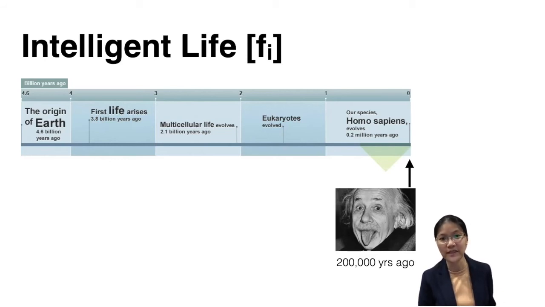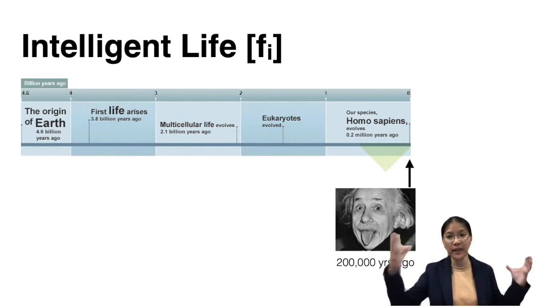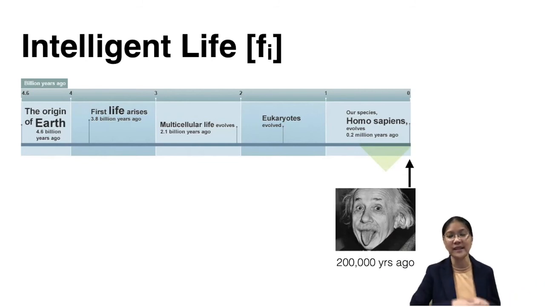But the universe is much older than this. So again, there's plenty of time for life to evolve and for intelligent life to evolve. The question is how hard it is, what's the probability that this happens given the different planets and different environments, different circumstances that exist in the universe.